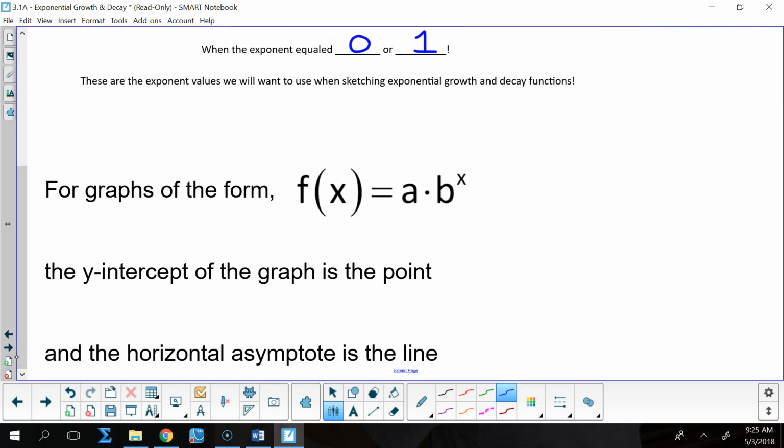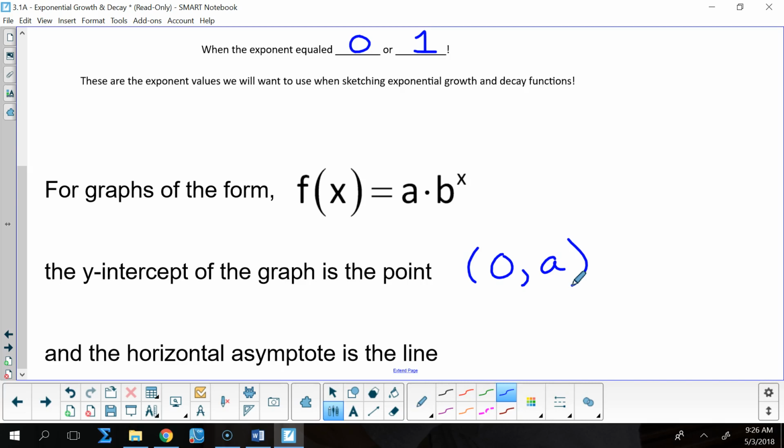Now, continuing on that theme, if the graphs are in the form of that function, then the y-intercept of those will always be at 0, comma a. Because if I put 0 into my function, that's going to give me my y-intercept.